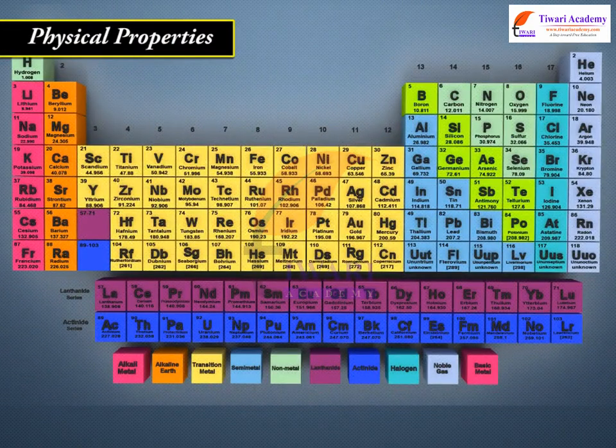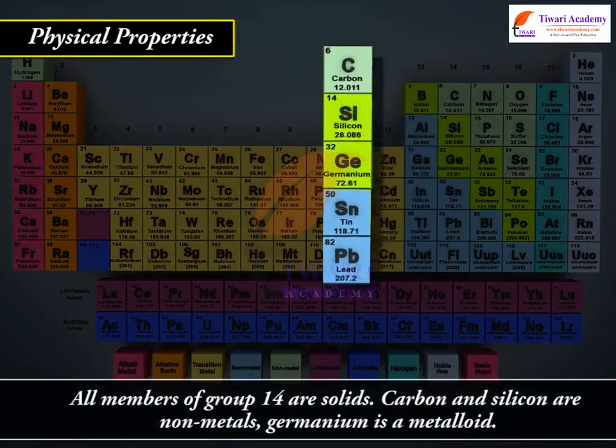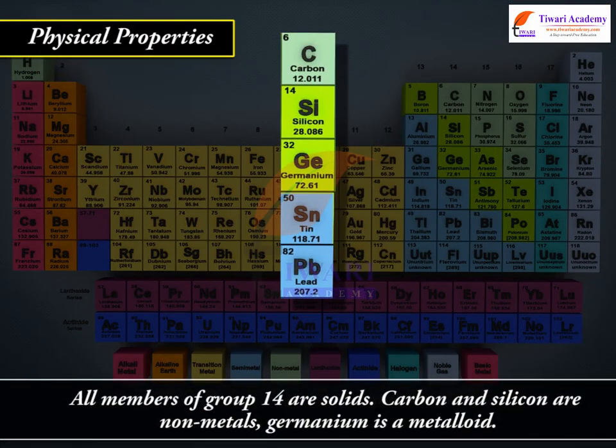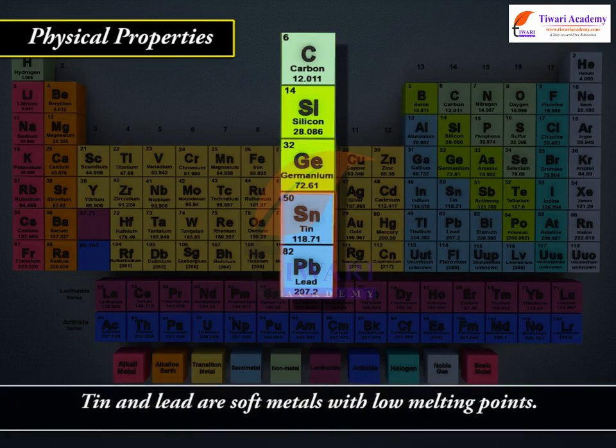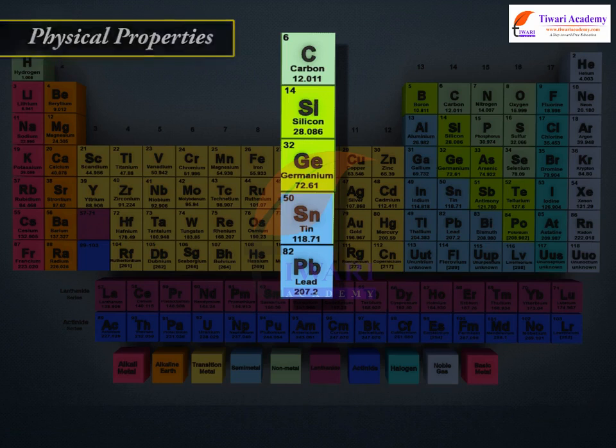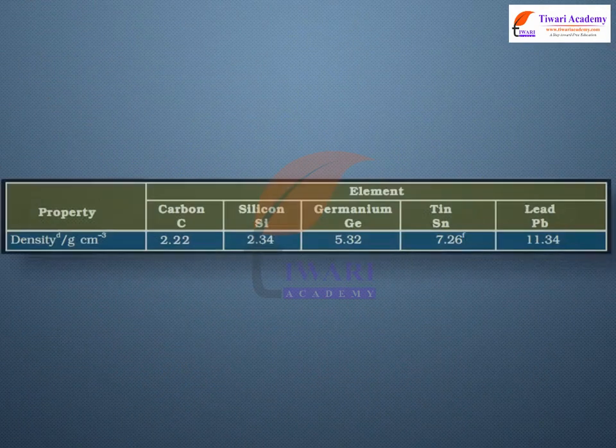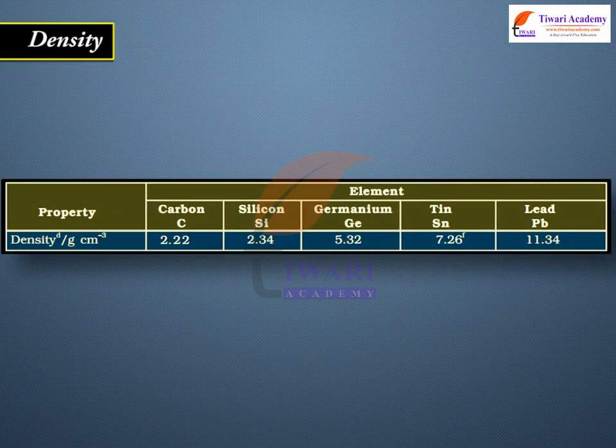Physical properties. All members of group 14 are solids. Carbon and silicon are nonmetals. Germanium is a metalloid. Tin and lead are soft metals with low melting points. Density.